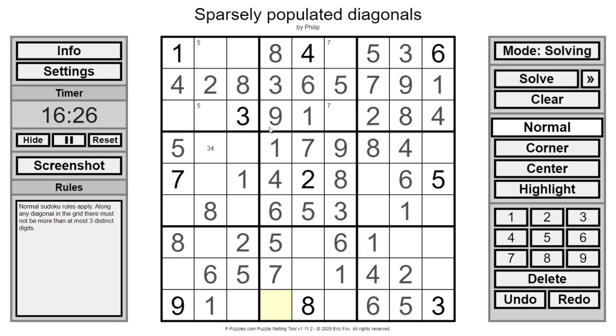This row is completed. It needs a 2. This needs a 2. This needs a 7. If I can click on it. 1, 2, 3 is missing. 4 is missing.